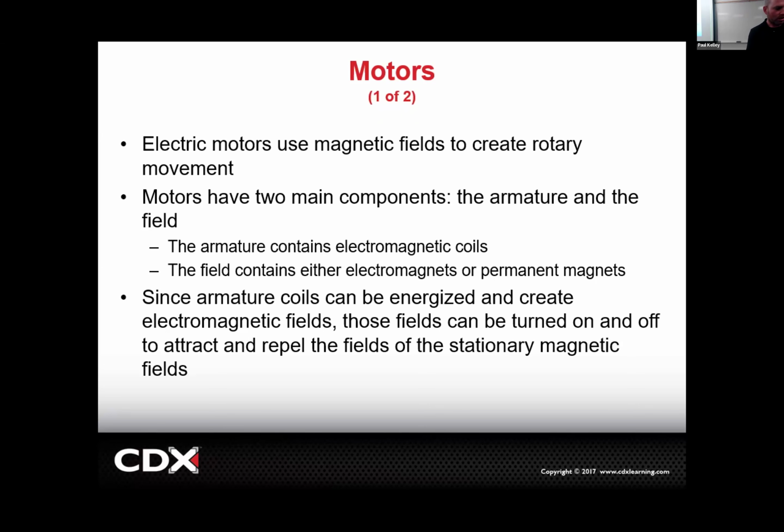So when we talk about motors, just understand they're going to use magnetic fields to create rotary movement. So we can take 12 volts and ground, generate a magnetic field, and as a result of that magnetic field, make a thing spin. Cool? So like this starter, if we give 12 volts and ground to this, the internal mechanism is going to actually make this start to spin. I'll show you the mechanism.